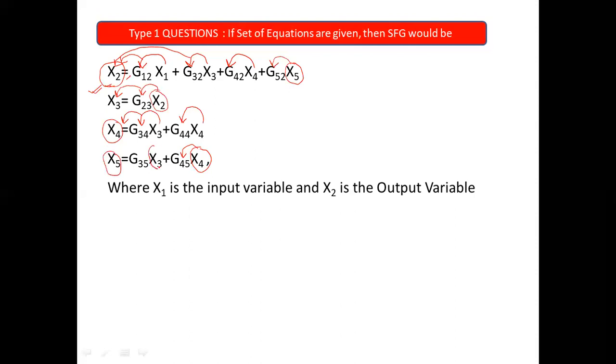Likewise, x3 is multiplied by g35 and we get x5. So the state variables x2, x3, x4, x5 follow the gain rule, whereby they receive a signal flow from a particular state variable.